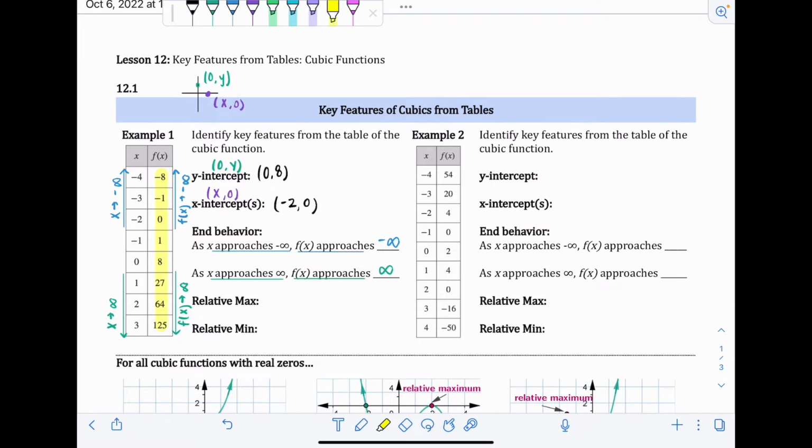There are no numbers that are higher than the points around them or lower than the numbers around them. So that's not a great example for max or min, but hopefully it'll make more sense after example 2, where we'll have a true example. So for this one, we would just put none, and then none, because this table is just steadily increasing. It's not changing direction at all. Just all along the right side of the table, it's continuously going up.